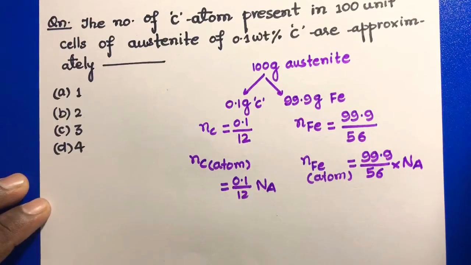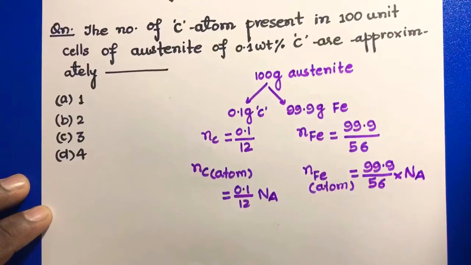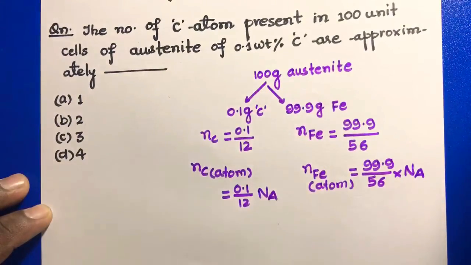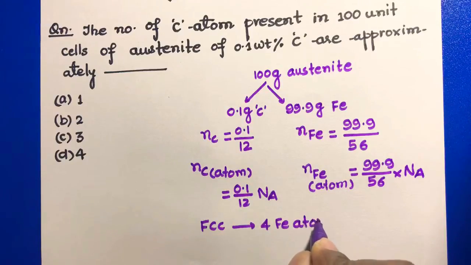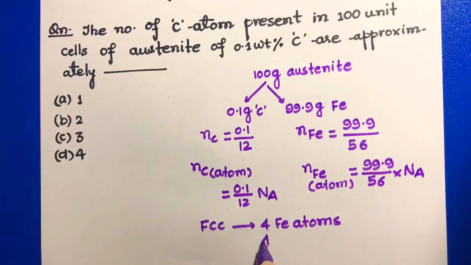Now what we have to do, we have taken 100 unit cells of austenite. Austenite, we know, has an FCC crystal structure, and in FCC 1 unit cell contains 4 iron atoms, 4 Fe atoms, as well as 4 octahedral voids, that is 1 octahedral void per iron atom.